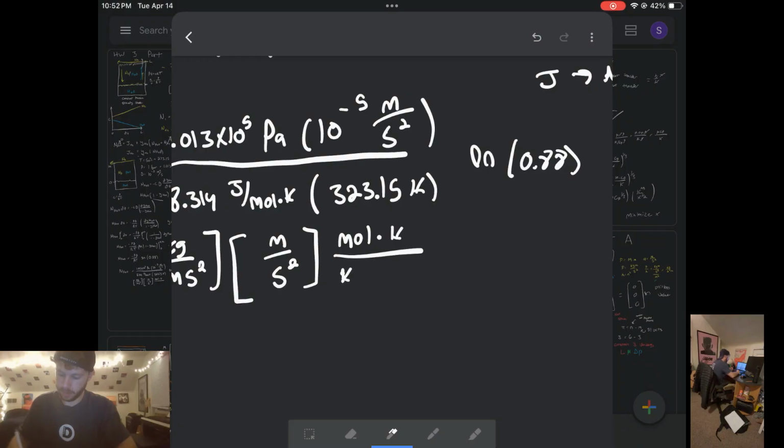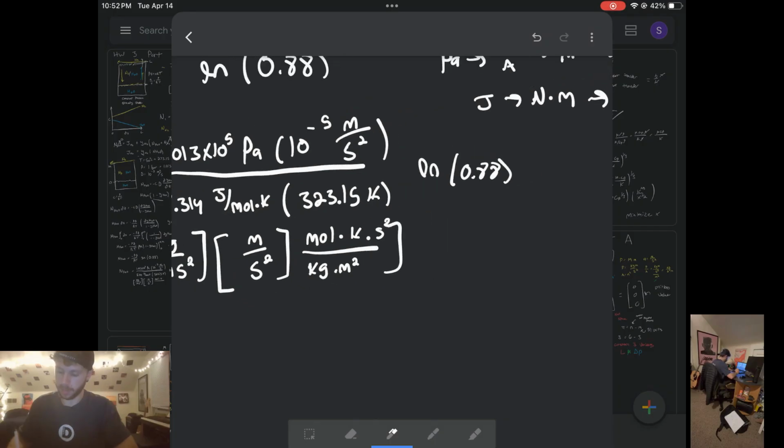Kilogram meter squared per second squared in the numerator, and then instead of Kelvin, 1 over Kelvin.